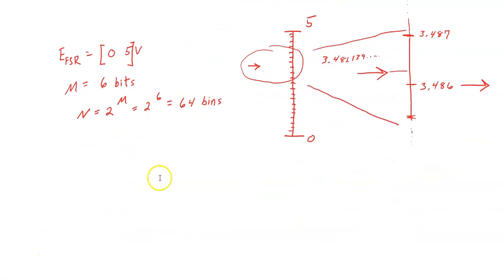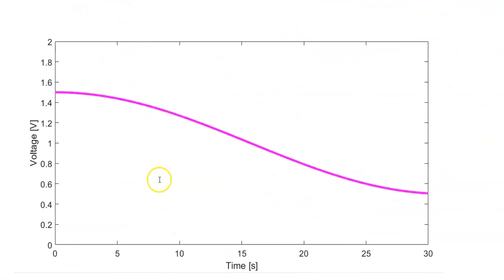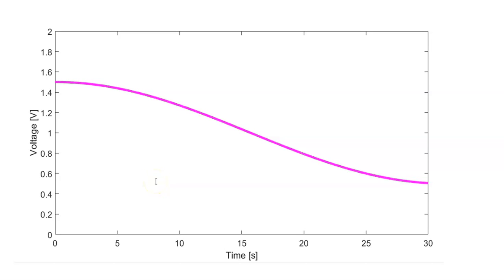So if we were to plot, say, a voltage versus time, and this is the actual analog voltage, and we had, say, two different analog to digital converters, how might they look different when they actually discretize the signal?